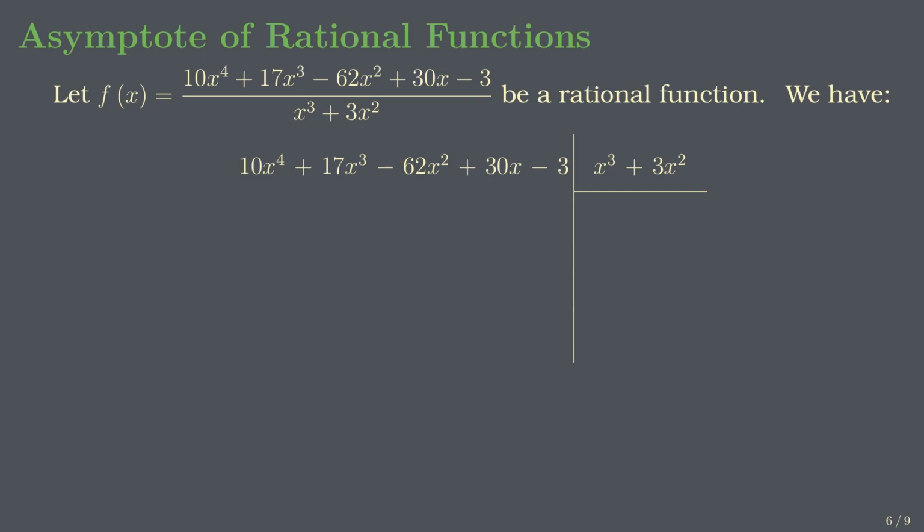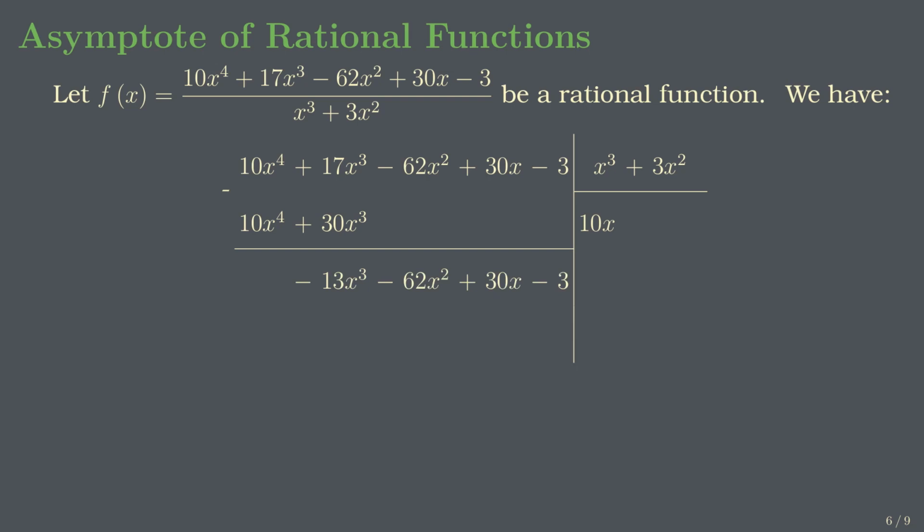First, to find the first term in the quotient, you divide the highest term of the numerator by the highest term of the denominator, and you get 10x, right? Then you multiply 10x with the denominator, you get this line, and taking the difference between these two lines, you get another polynomial.